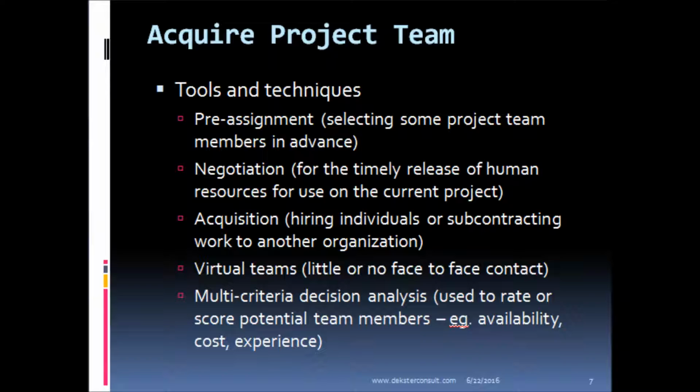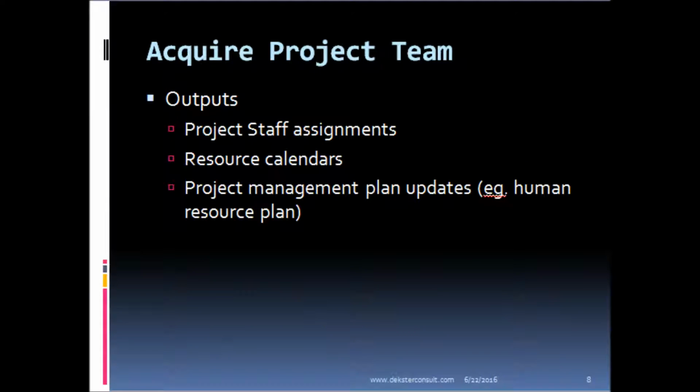Acquisition talks of hiring individuals outside the organization, virtual teams, teams that do not meet face-to-face. Then we need our selection criteria so that we could use it to select potential team members.